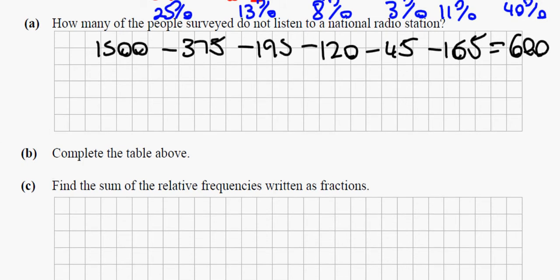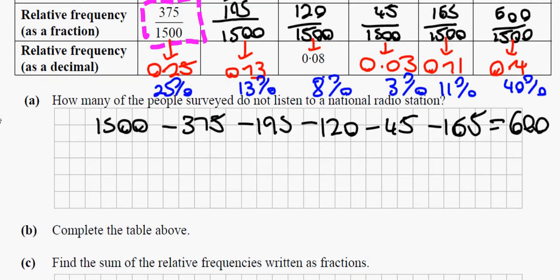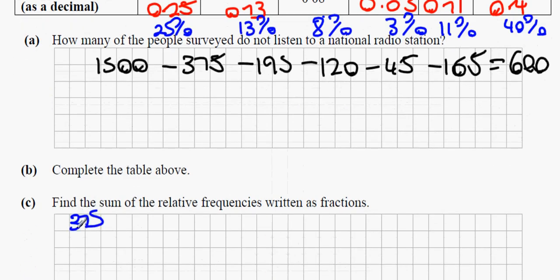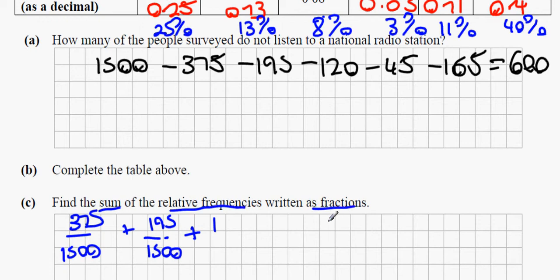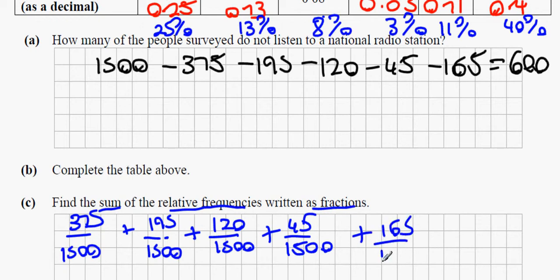Now find the sum of the relative frequencies written as fractions. So add them all up as fractions: 375 over 1,500 plus 195 over 1,500, plus 120 over 1,500, plus 45 over 1,500, plus 165 over 1,500, and finally plus 600 over 1,500.